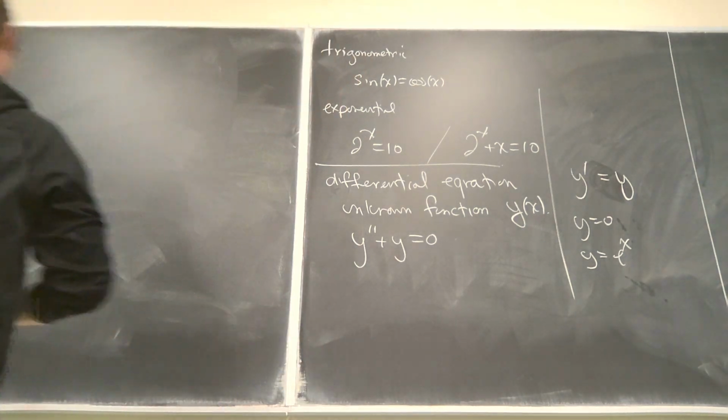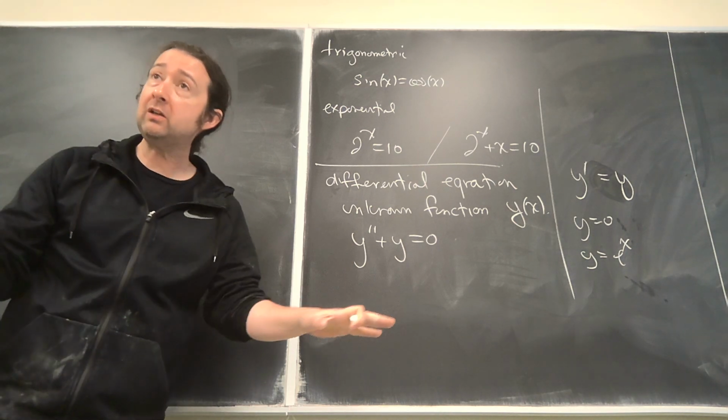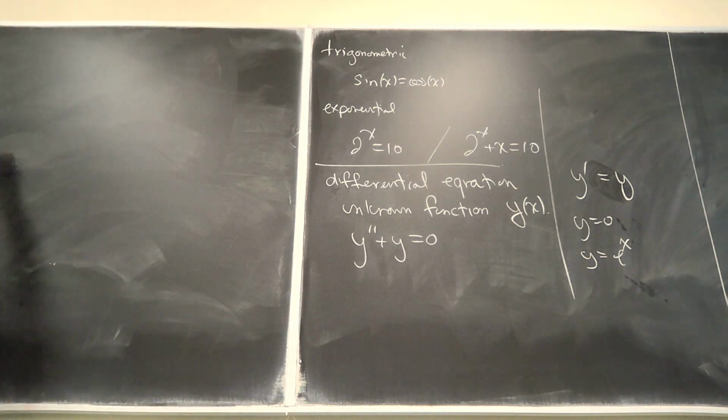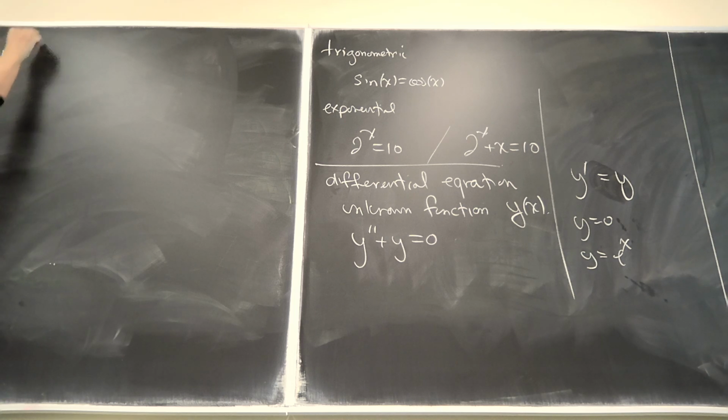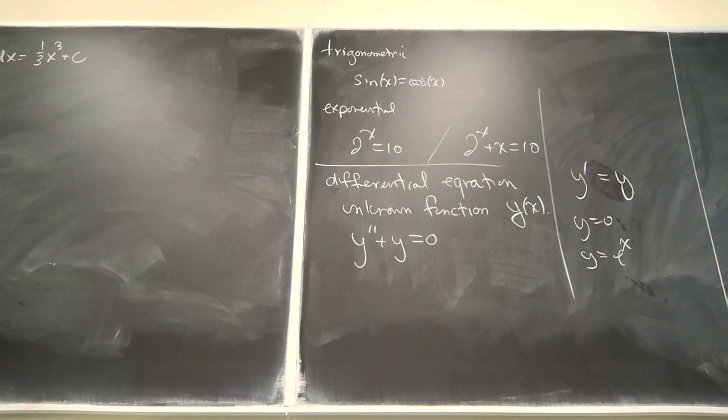In fact, before I go on to my motivation bit, I'm going to tell you, you've already solved a bunch of these. You may not have realized it, but every single time in your Calculus 142, which is before I had you, and you had an equation like the integral of x squared dx is equal to 1/3 x to the third plus c, you really were solving a differential equation when you took an antiderivative.